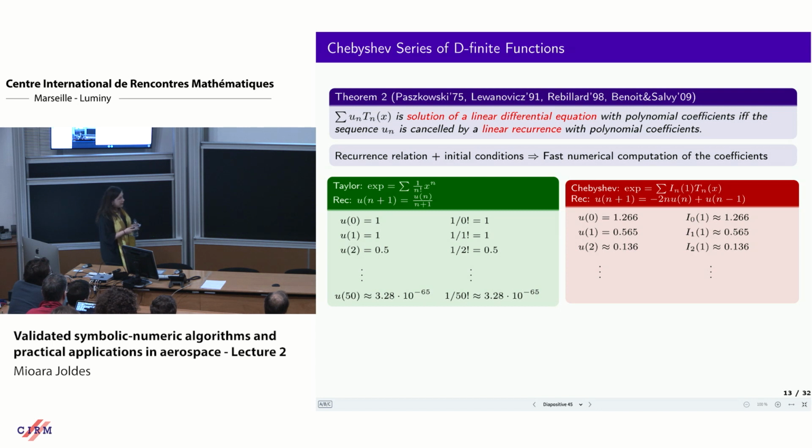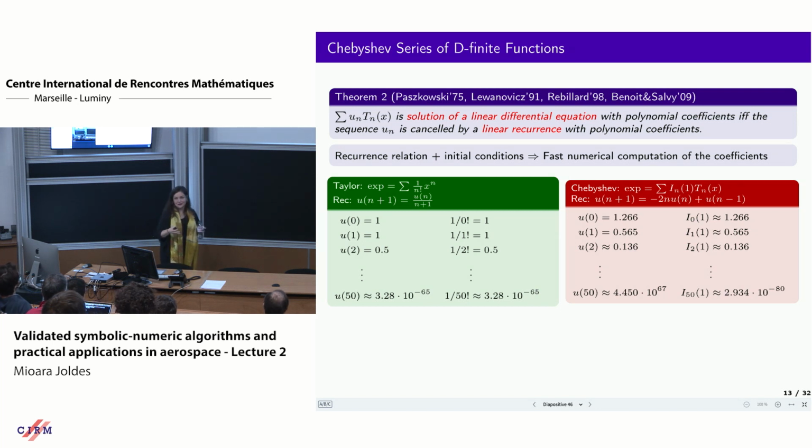But if I do the same for Chebyshev series, suppose somebody gives me the initial conditions. Of course, they will not be exact, but they have a lot of correct digits, and I just want to unroll the recurrence. Well, in this case, I have completely lost my precision, and this will happen generically, even if I put more digits here.